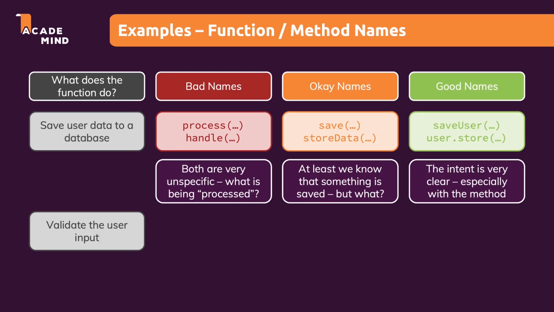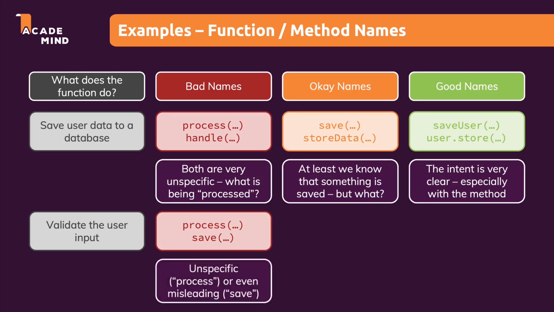Well, bad names again could be process or now also save. Validating is not the same as saving. We might save after validating something, but first we validate it, and there nothing gets saved. So this is unspecific in the case of process, and even misleading in the case of save.